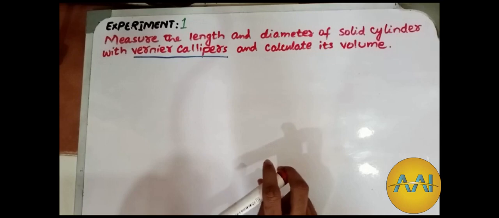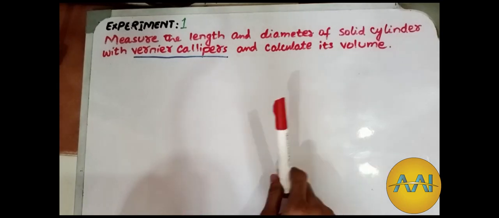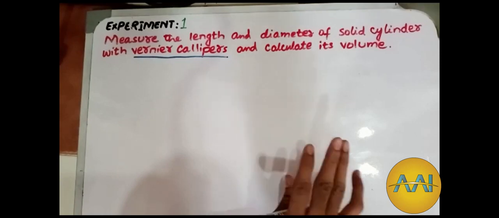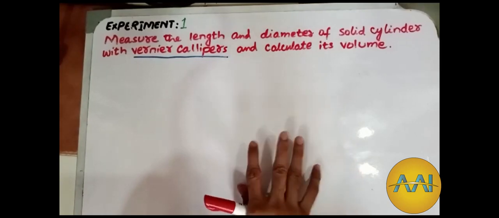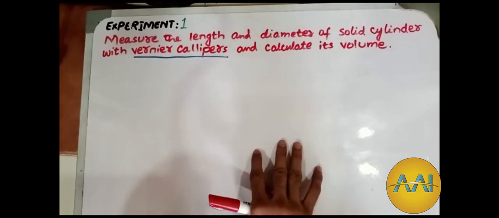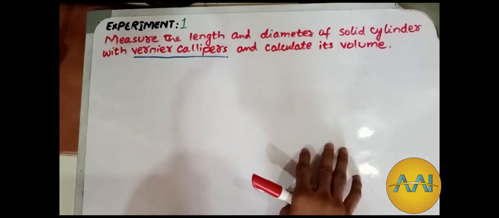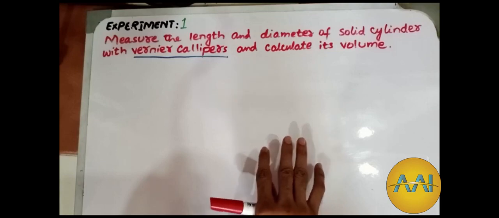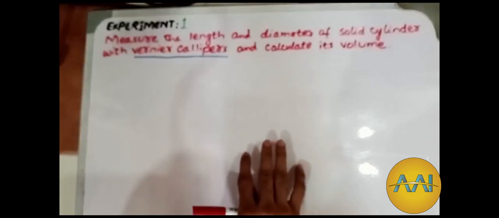One is the main scale and the other one is the vernier scale. Before starting, first we will see how to read the scale on the board, and we will do it practically with the instrument. So let's begin with the board work.